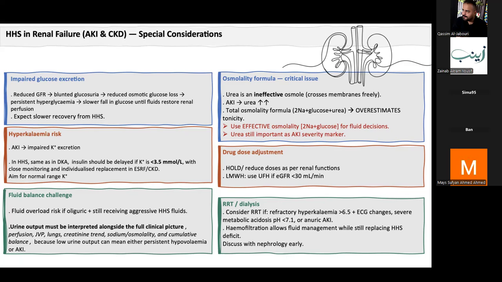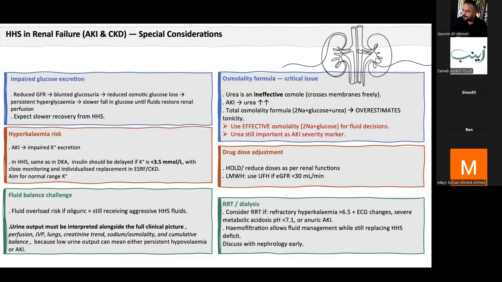No, because you need to know what their baseline renal function is. If they used to have normal kidney function and then developed AKI because of HHS, then you just calculate it all. But if someone is known to have chronic kidney disease, their urea is already elevated.